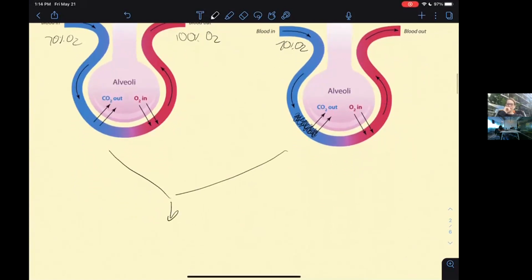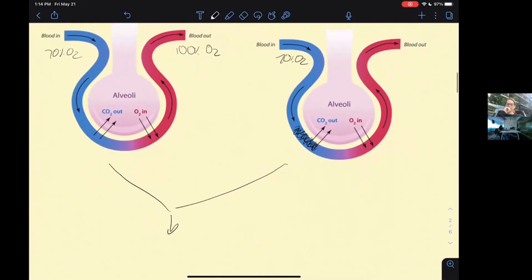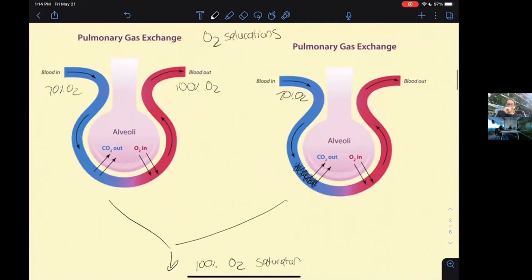It's never going to be fully obstructed, but for O2 saturation, if one alveolus is working and can completely exchange blood, you will still have 100% O2 saturation. So if there's an obstruction here, this would be called dead space, right? Because you're ventilating your lungs, but you can't actually perfuse them.